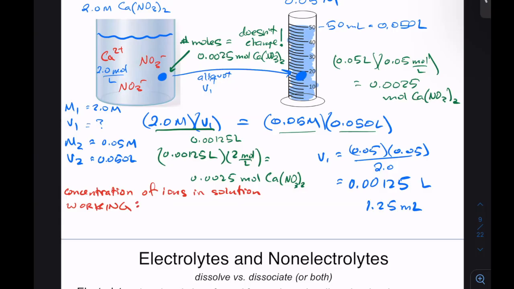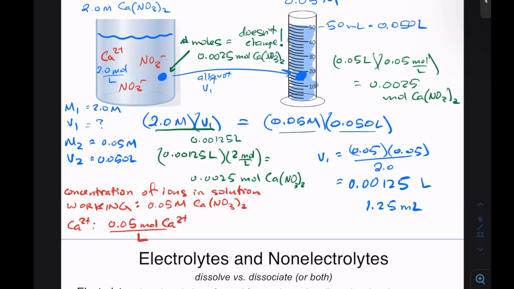Well, or even in the stock solution, it doesn't matter. You can pick whichever one you want. So in the working solution, all right, that is 0.05 molar calcium nitrate. But what's the concentration of the ions themselves? For the calcium ion, the calcium 2+ ion, we have 0.05 moles of calcium per liter.